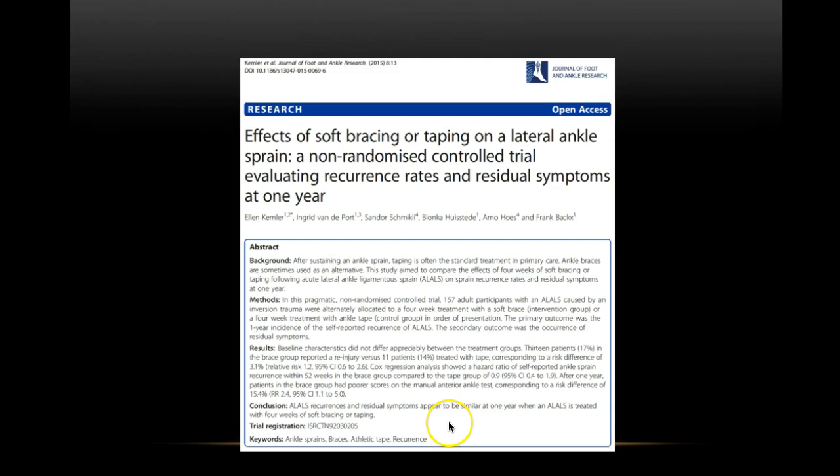So it might be easier to just buy ankle braces, depending on what company you're buying from, because then you only have to provide an ankle brace to each of the athletes that has an ankle sprain, and they can wear it for the rest of the year, as opposed to, let's say, taping them every single day, and now you're wasting a lot more money on tape. So just some things to think about.